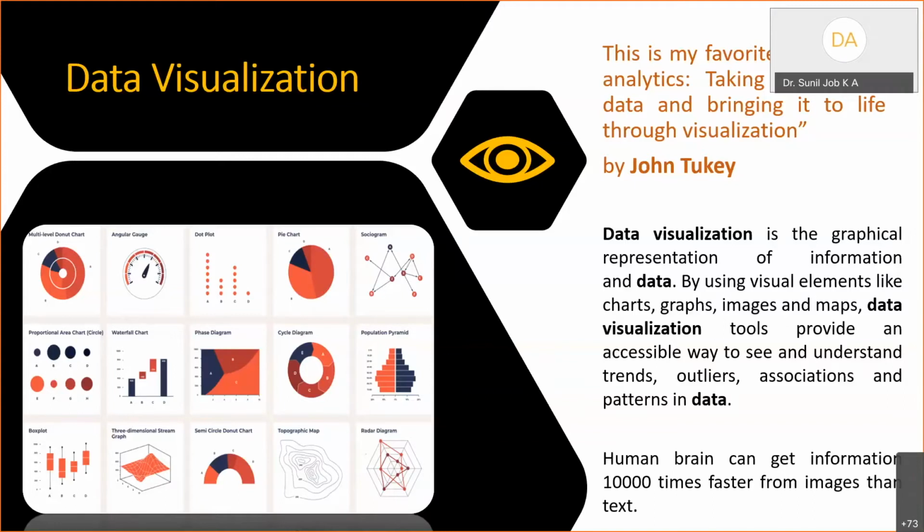By looking at a massive data set, you will not get anything from that. When it is transformed into a visualization, the human brain will be able to comprehend it 10,000 times better. That is the power of visualization.